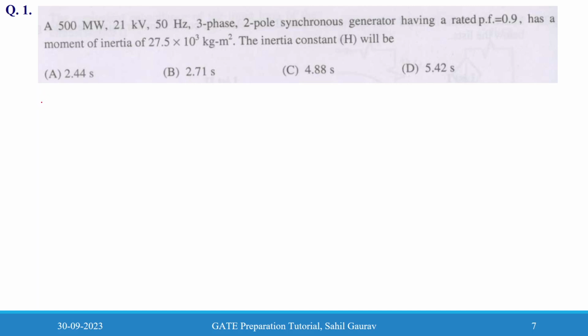So first we will find G, that is the machine rating in MVA. Machine rating in MVA, we will get it by P divided by power factor.